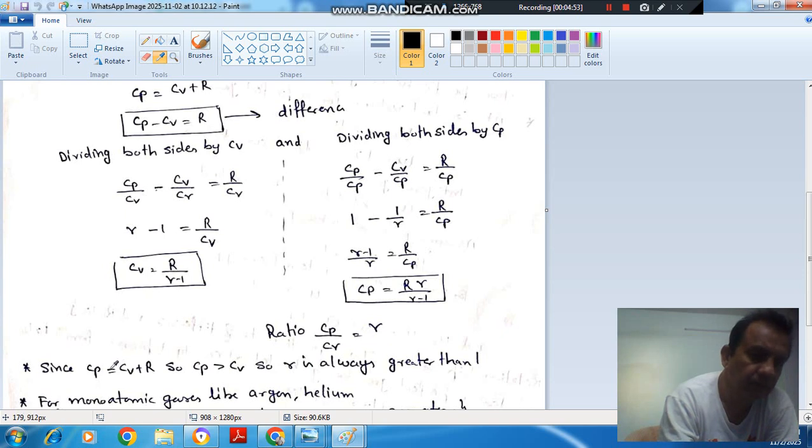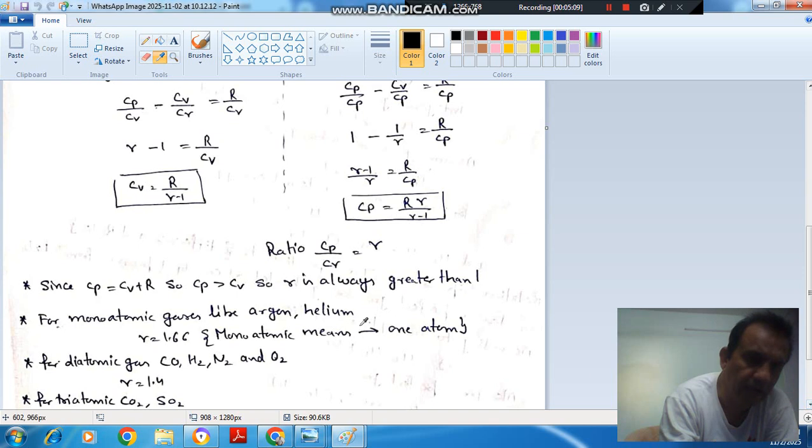As we have seen, Cp is equal to Cv plus R, so Cp is always more than Cv, because R is added to get Cp. It means gamma is always greater than 1.